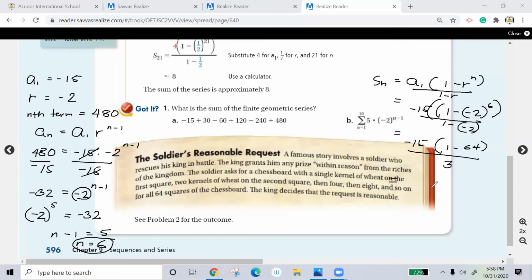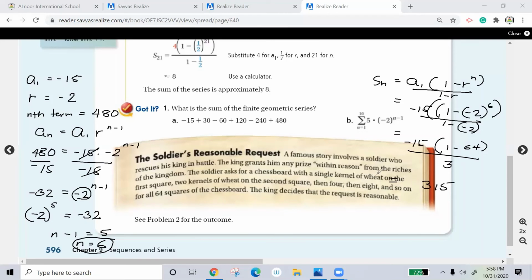Next, simplify. So what is negative 15 times 1 minus 64 all over 3? Okay, it gives us 945 over 3. And the final answer is 315.